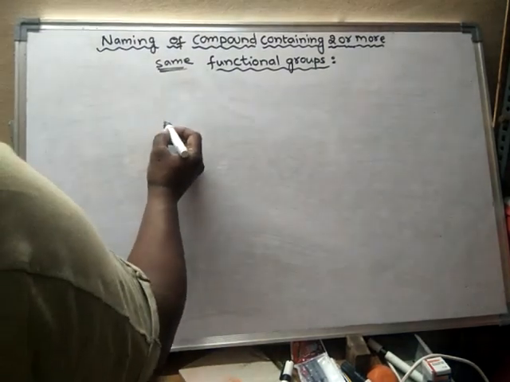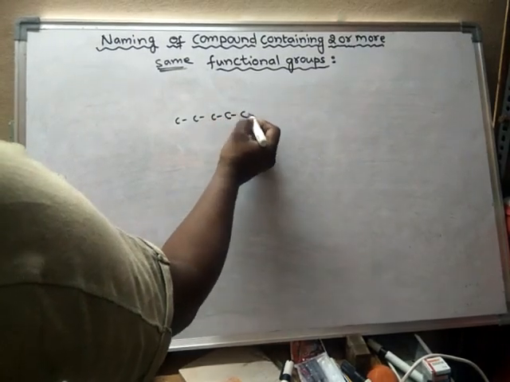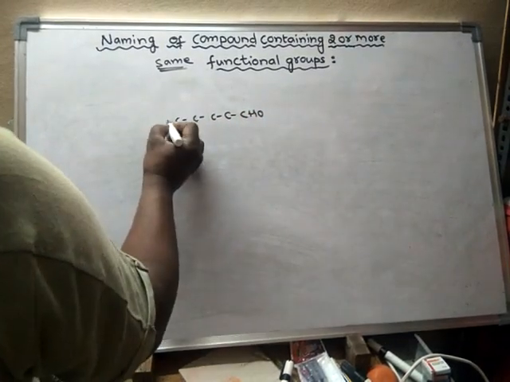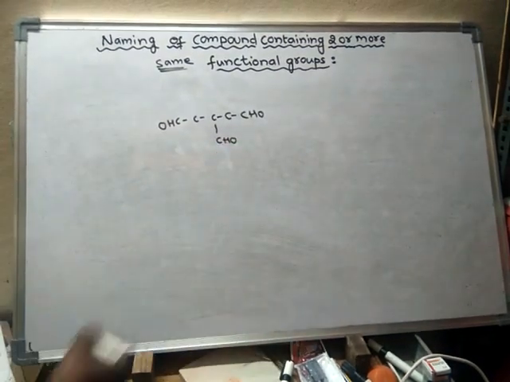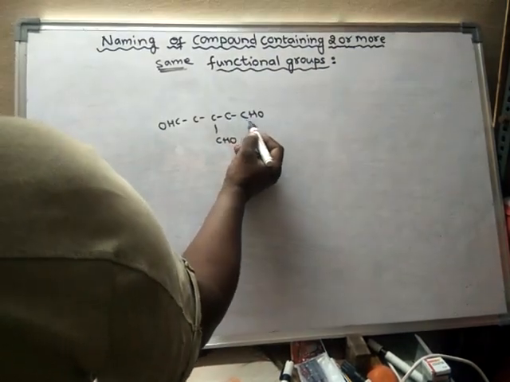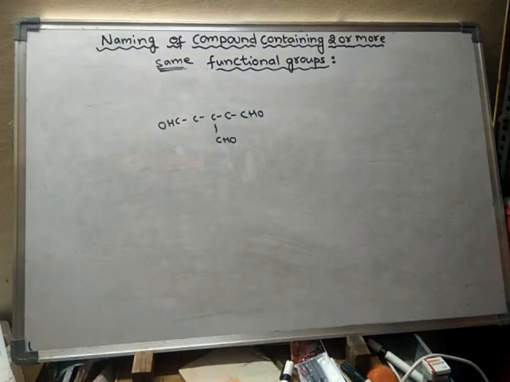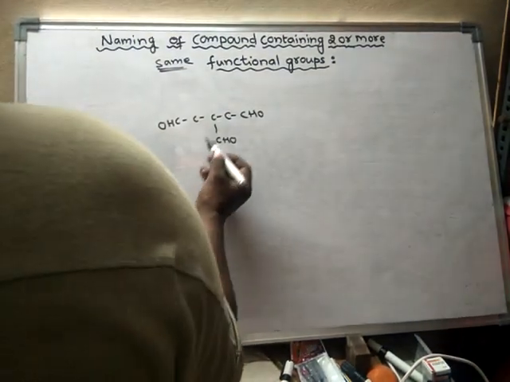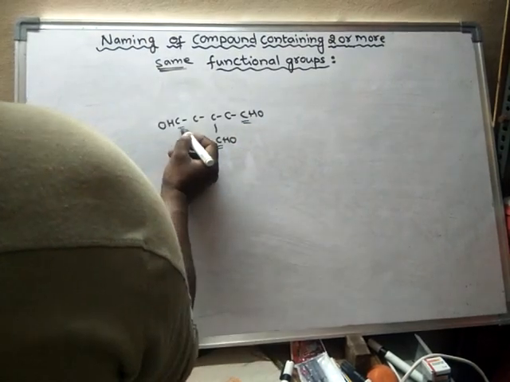Suppose there are three aldehyde groups like this, CHO aldehyde groups. The aldehyde group is a chain terminating functional group. So these three carbons should not be included in the parent chain.